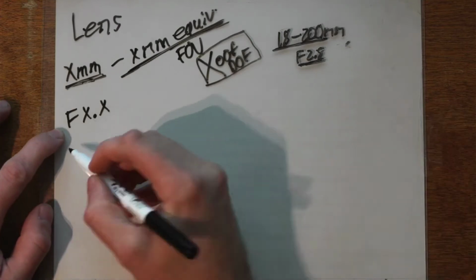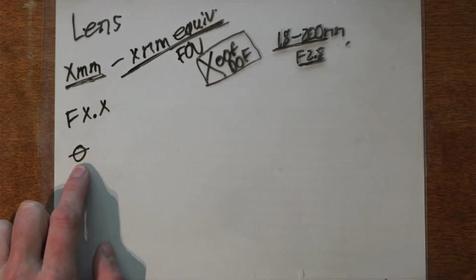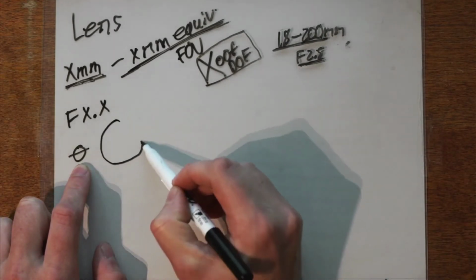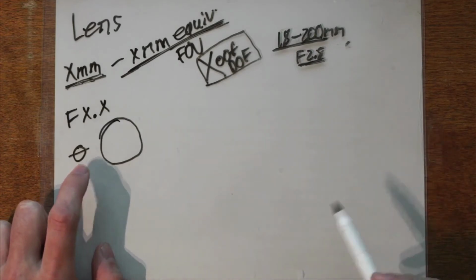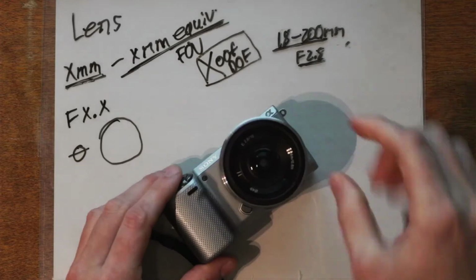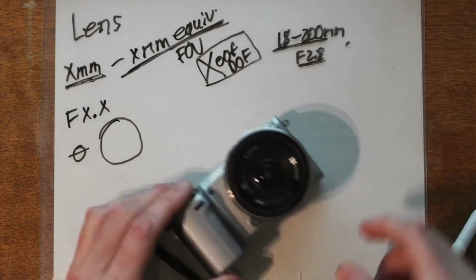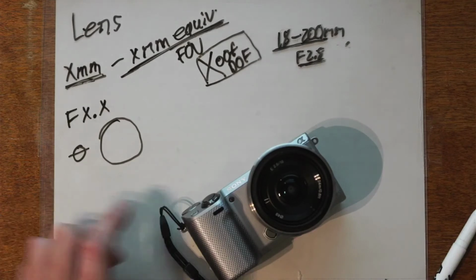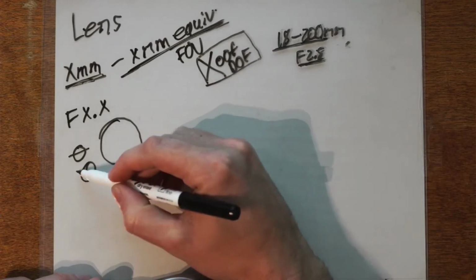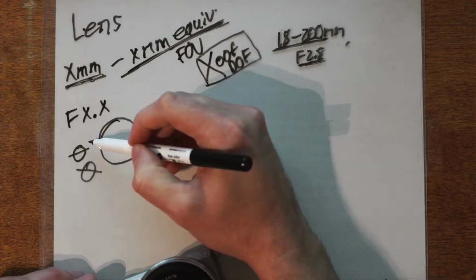Another thing you will see is a symbol that looks like that, and that is just diameter. That's the diameter of the little piece of glass that goes on front to protect the lens. You can get a nice little screw-on piece of glass. There's actually another piece of glass on top of this lens that screws on, and that symbol will either be straight up and down or, like this Sony, at an angle, and it'll be some number.